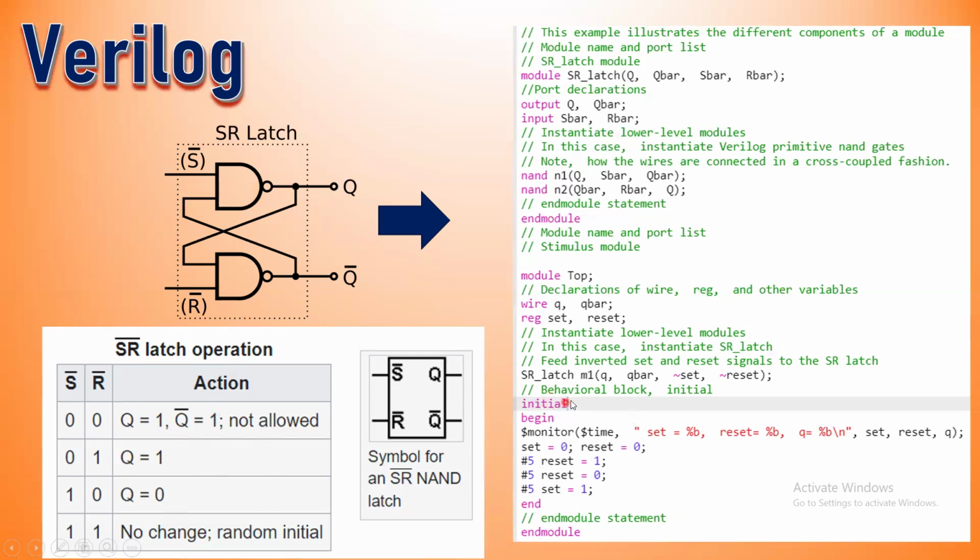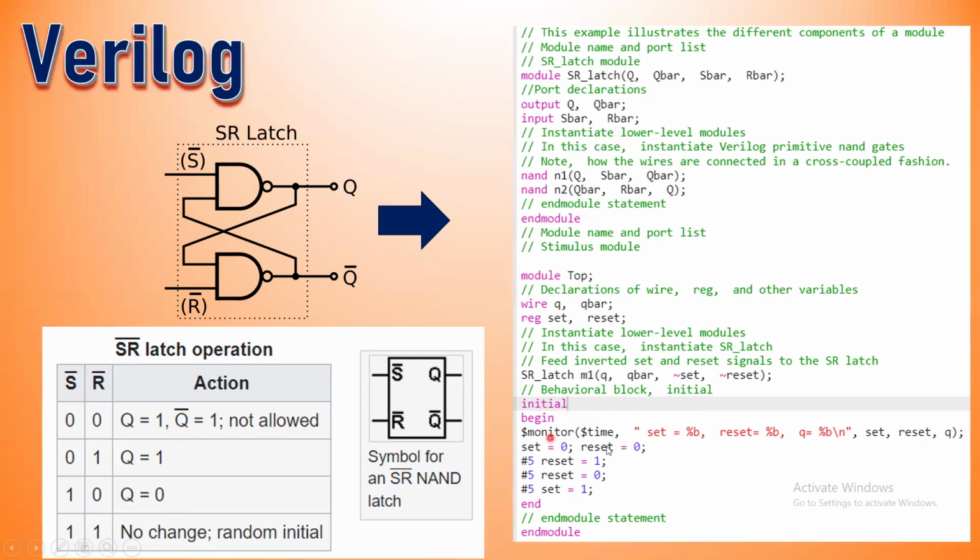So I would use the behavior block syntax, which is initial. Initial is the keyword, and then I write begin and then end. Between begin and end, I have used this command, which is just a monitor.